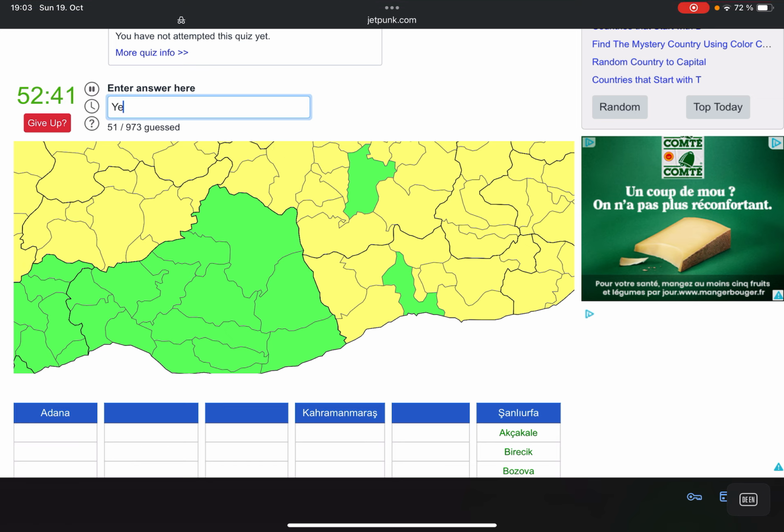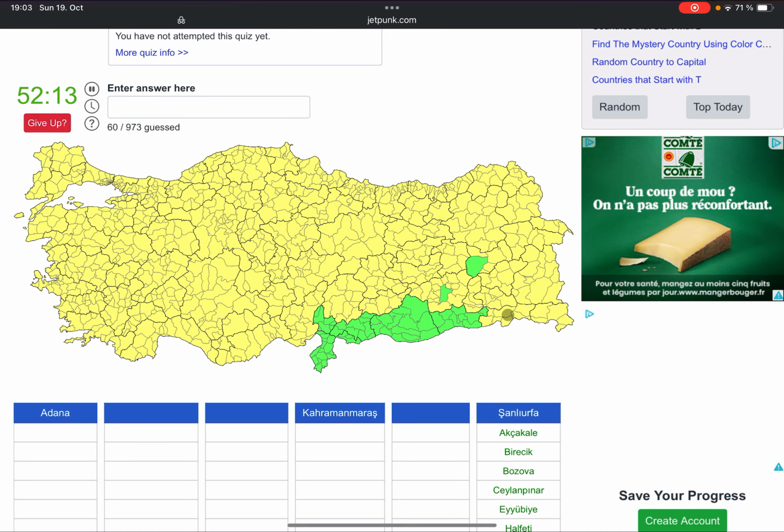And right beside it we have Yeşilli, Ömerli, Savur, Mazı Dağı, Derik, Kızıltepe, Nusaybin, and Midyat, and also Dargeçit, which is also technically part of Mardin province.